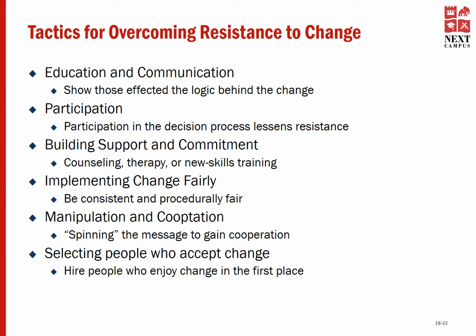It can also include being sure to implement the change fairly by applying a consistent and fair process, using manipulation and cooperation to spin the message to gain cooperation, or selecting people from the beginning who are more willing to accept change. Finally, a manager can resort to coercion, using direct threats and force to make people change. This is not often a good option and should only be used if that's the only option left.